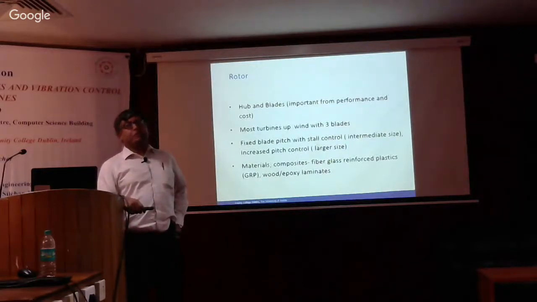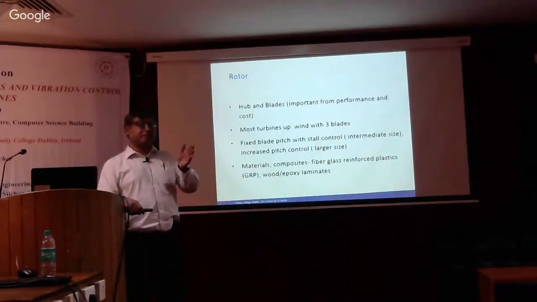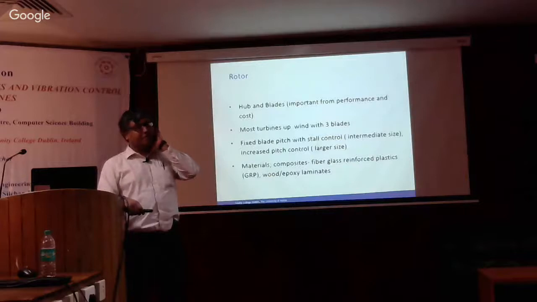If you take the self weight of the 3 blades, with the 3 loads, we can see that there will be 2 components: one axial, the other lateral. All the lateral components are nullified. Even if there is an eccentricity, that will be nullified. So that's one of the advantages of having a 3-bladed turbine.